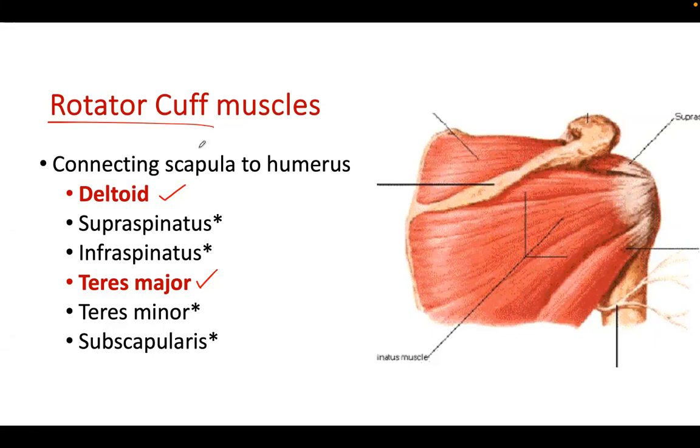What is the nerve supply of the deltoid? The nerve supply of the deltoid is the axillary nerve. What's the nerve supply of the teres major? Not the minor, but the teres major. The nerve supply is going to be C5 all the way down to C7.